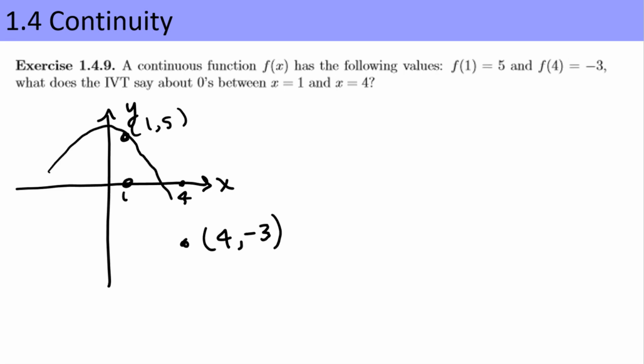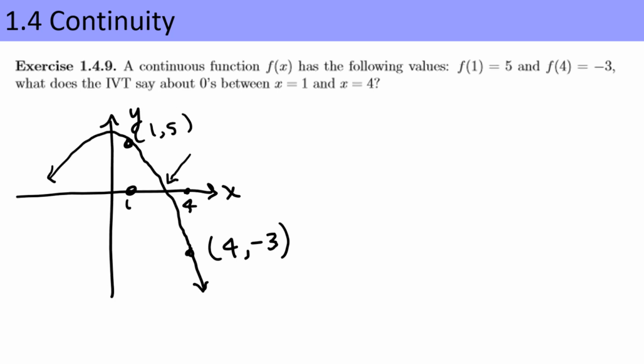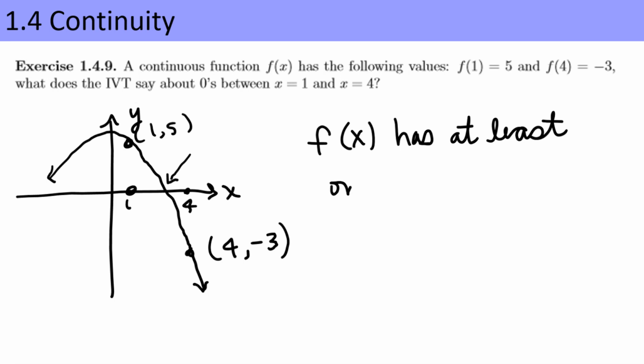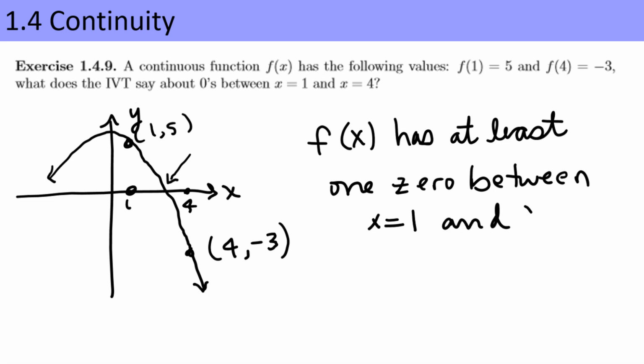So whatever it's doing, it has to cross the x-axis. So what we can say is that for this given criteria, f of x has at least one zero value between x equals 1 and x equals 4.